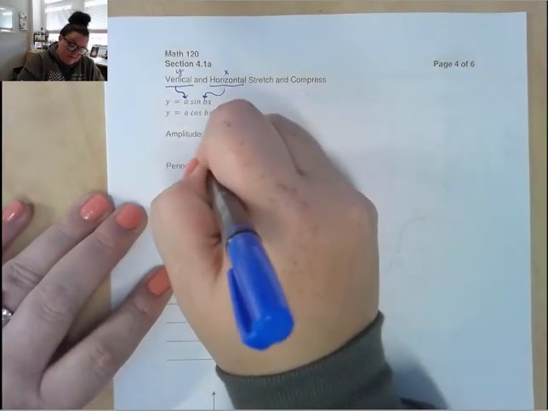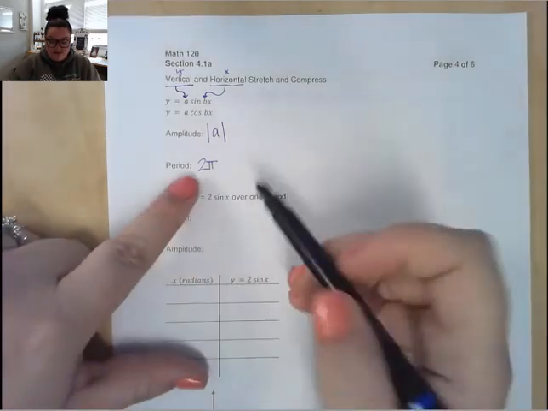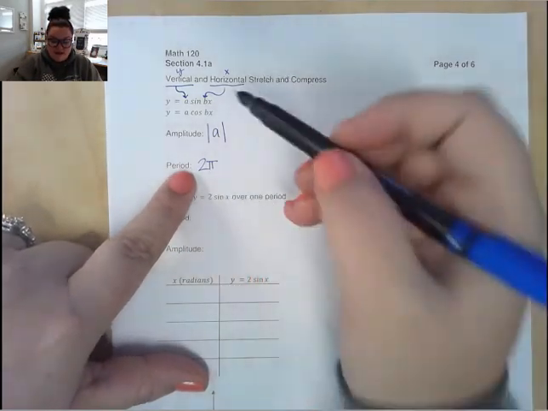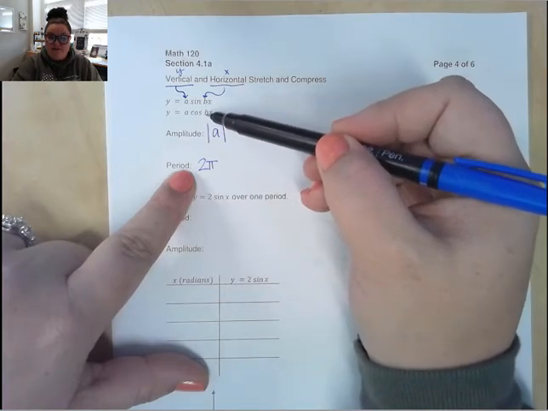Now, the only way that could get changed is if we have stretched or shrunk horizontally. Instead of going from 0 to 2 pi, maybe we stretched it out and it goes from 0 to 4 pi, or maybe we condensed it to where it only goes from 0 to pi over 2. So when we stretch and shrink horizontally, that affects our period, and that comes from this b value being multiplied inside the function.